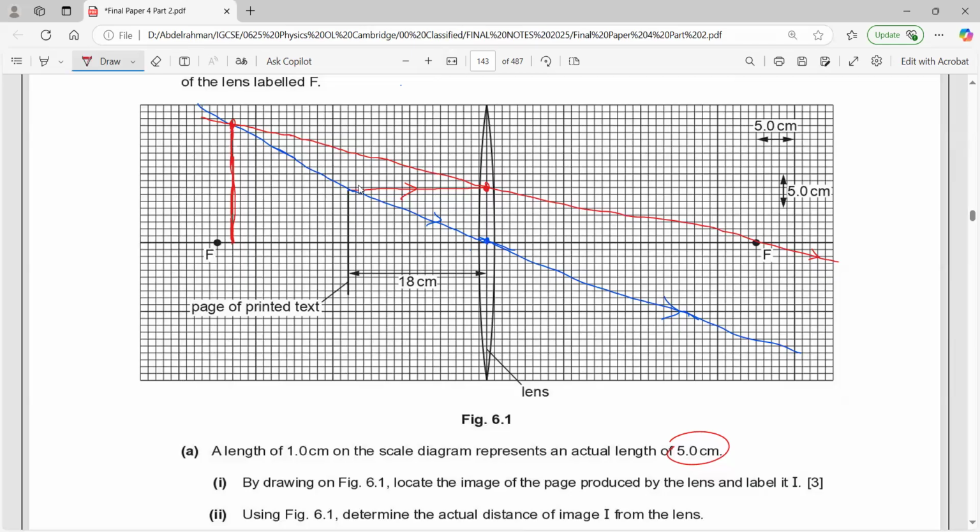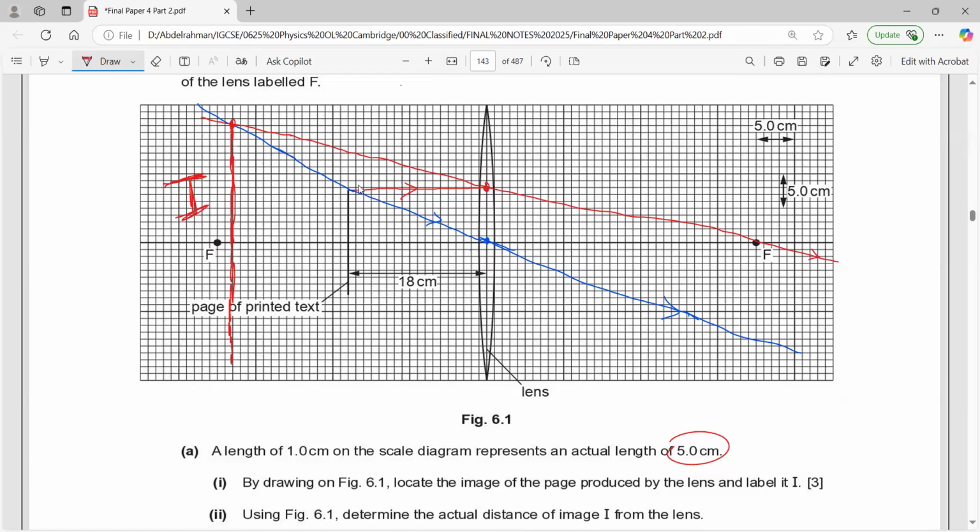And you can draw it also extending below the axis, which will extend almost the same distance below. So this is the image I of this page.